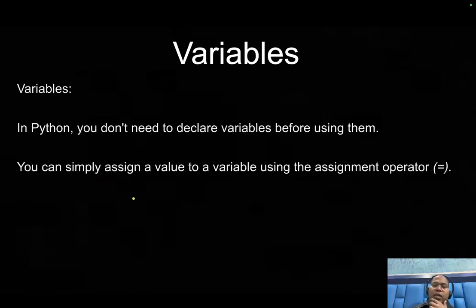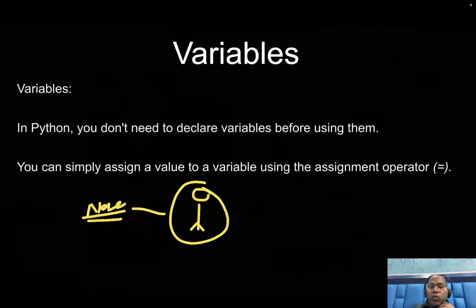Let's understand the variable by considering you as a human being. What is your variable name? Your variable name is your name. The name is the variable name from which you, as an object, are going to be identified. Your roll number, your PAN number, your Aadhaar number are all variables. These variables help us identify the object, entity, or value.